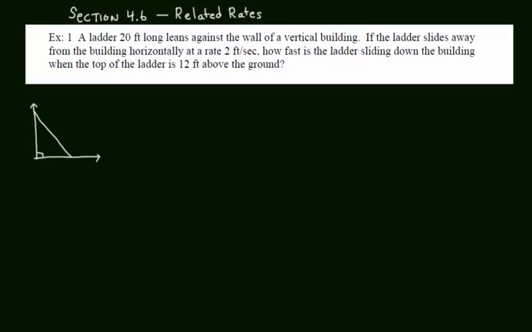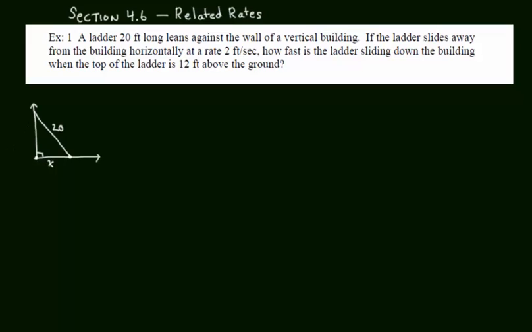So the triangle here that we see, one of the sides is fixed. And I hope that you see that it's the ladder, the hypotenuse, and that's going to be 20. That's fixed. That will never change. As the ladder slides down the building, that ladder will remain at 20 feet. What does change, though, is this horizontal distance, and because it changes, we have to give it a variable name, and we're going to say x here.